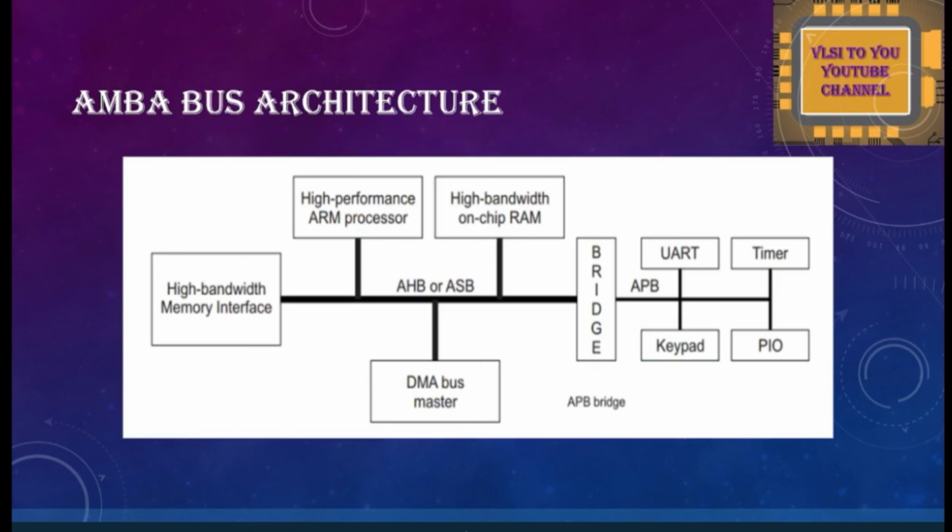Now coming to the AMBA bus architecture, if you see here, this is how the interconnection works. As I told you, all the AMBA set of protocols are interconnect protocols. So if we take a real-time use of APB and AHB or AXI protocols, how are we going to use them?